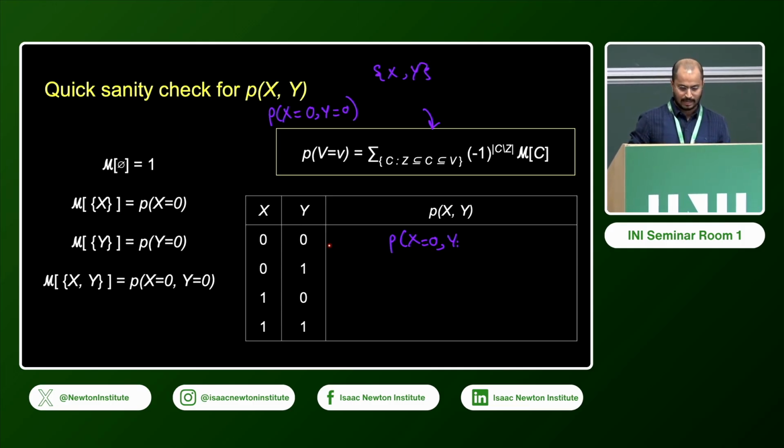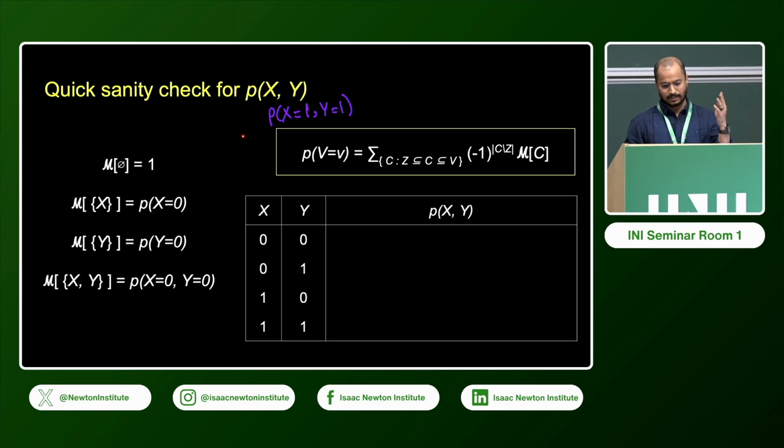Okay, and then the interesting one, let's just do this guy over here, P of x equals 1, y equals 1. So in this case, every possible set that's a subset of V is actually a superset. So over here, the variables that are set to 0 is the empty set. So no variable is set to 0 here.